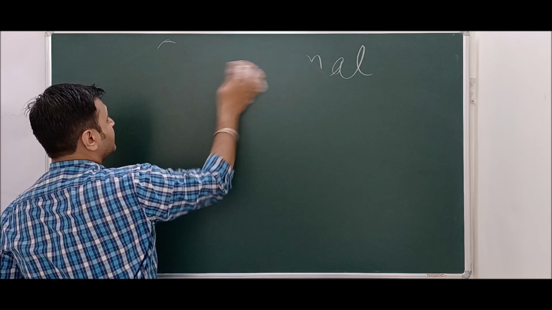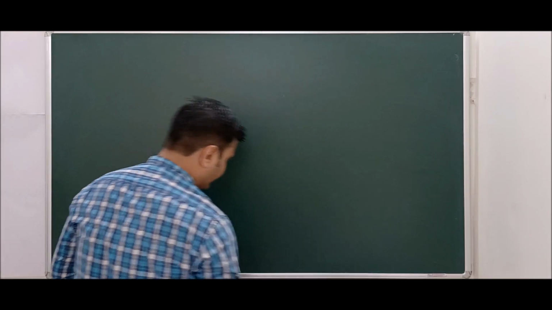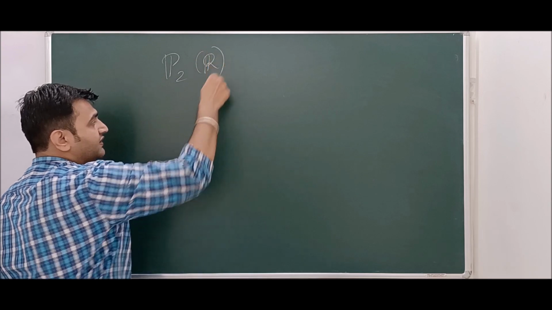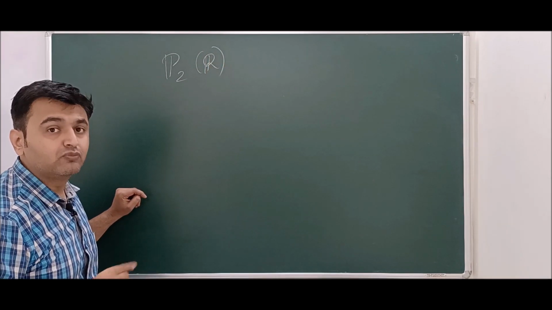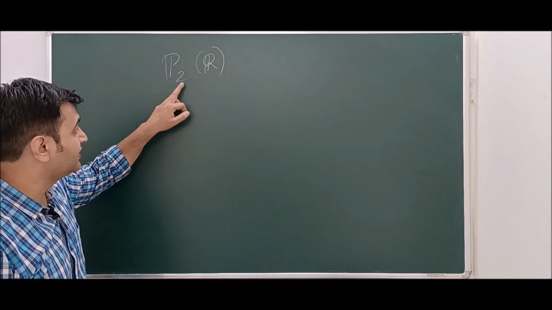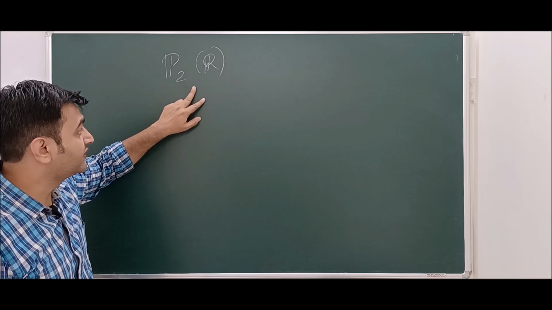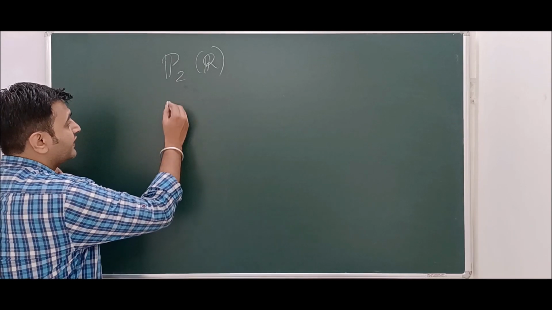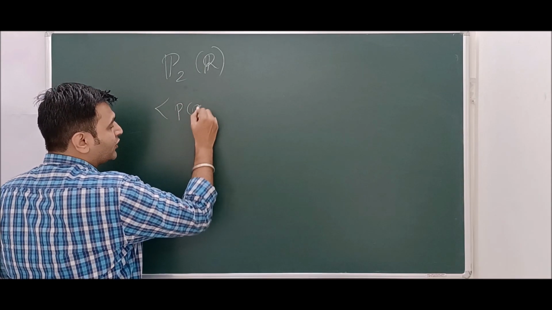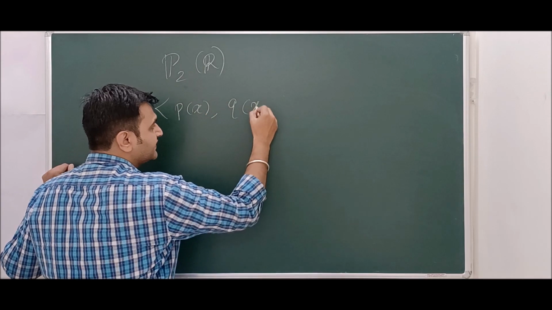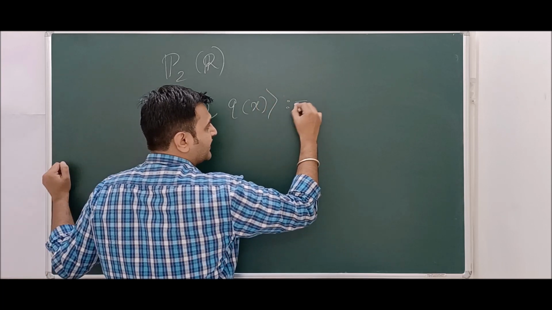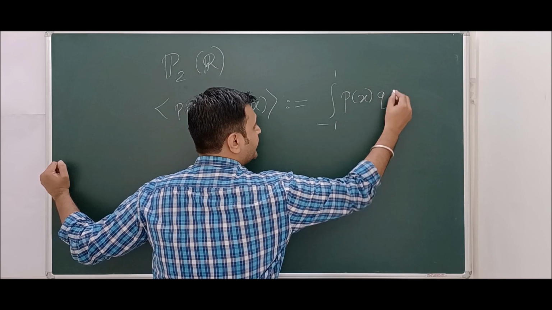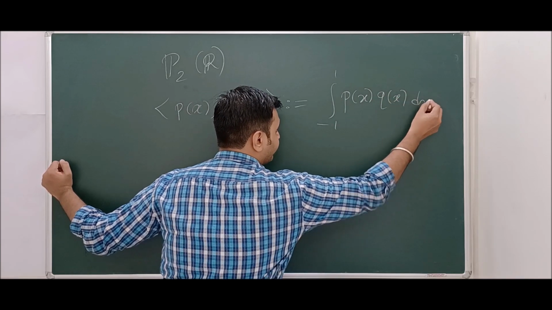So let me take the polynomial space. Let me take P2 of R. What is P2 of R? Set of all polynomials with degree at most 2. We know that this forms a vector space over real numbers. Now if I take any two polynomials P of x and Q of x, you define their inner product as the integral from minus 1 to 1 of P of x times Q of x dx.